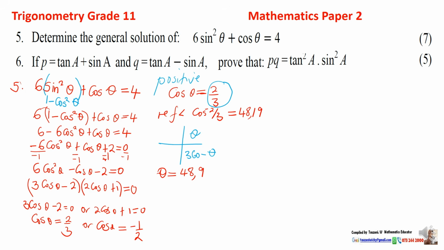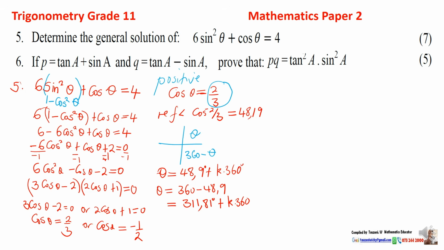Then the second value, theta is equal to 360 minus theta, which is going to be 360 minus 48.19. So simplifying this one, it will give us 311.81 degrees. This is the value of theta. Then to each solution, we add k times 360 to make it a general solution. So this is plus k times 360. Those are my two solutions.